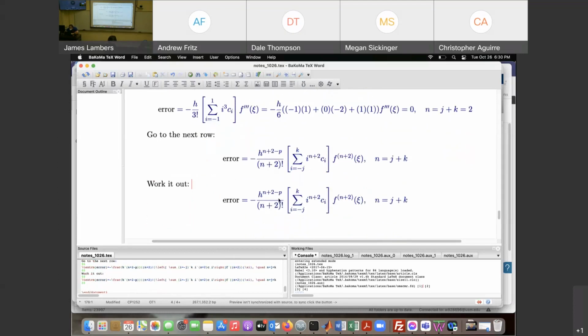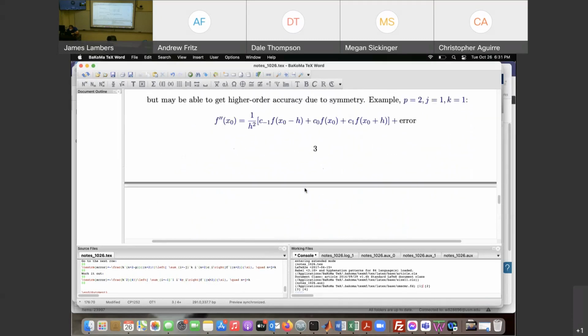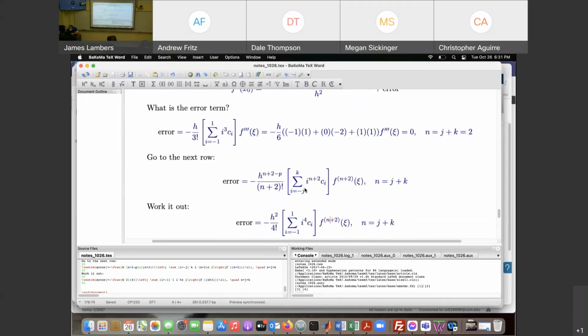Okay, so n is equal to 2, so 4 minus 2, so h squared over 4 factorial. And then we have the sum of i to the 4th, c i times the fourth derivative.